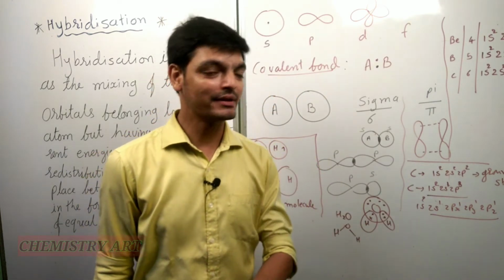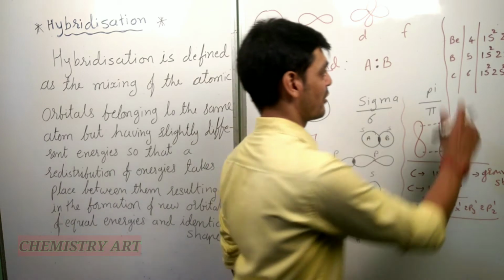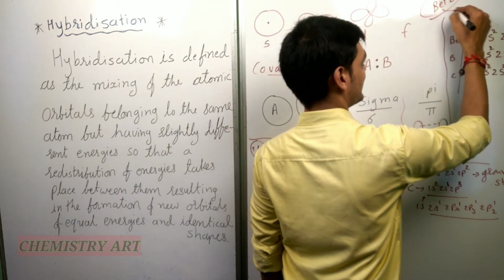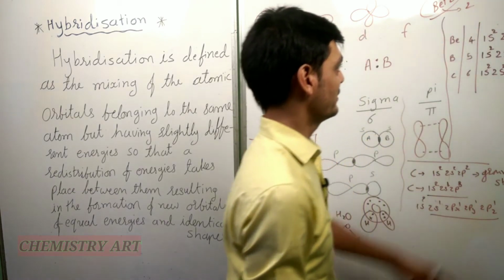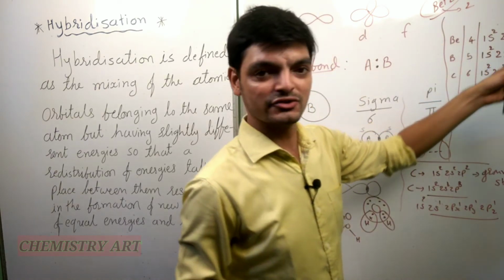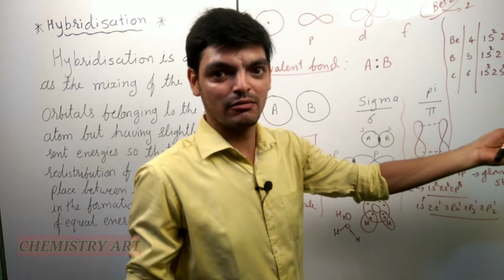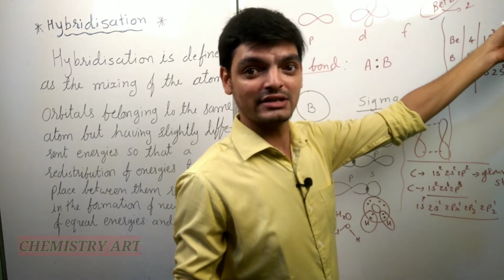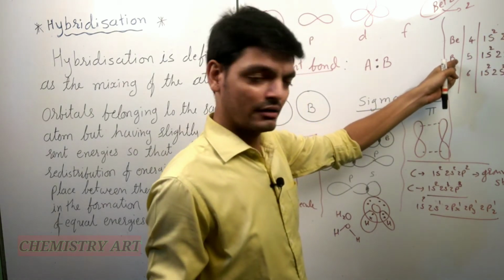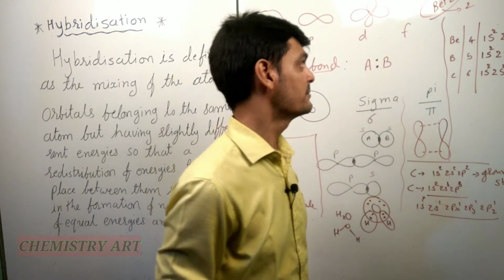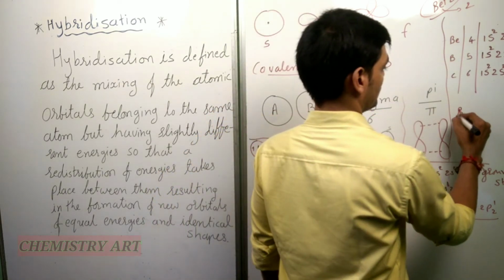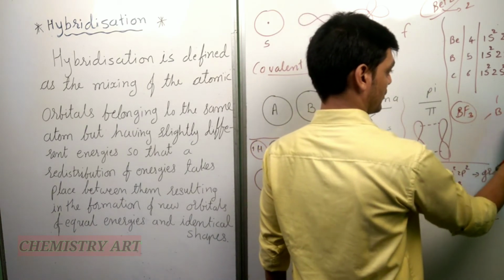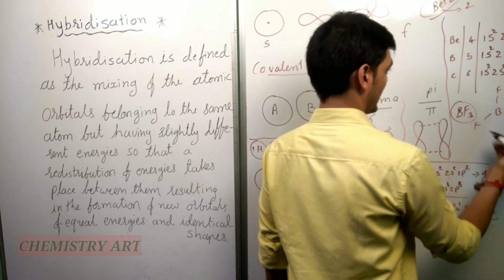The same thing is happening when beryllium is forming BeF2. Here you can see that the covalency of beryllium is 2, where the s orbital is already filled. So how is it forming a bond, or how can the electrons arrange inside this s orbital? Boron is also the same. The compound formed by boron is BF3, so here one boron is forming a bond with 3 fluorines. How is it possible?